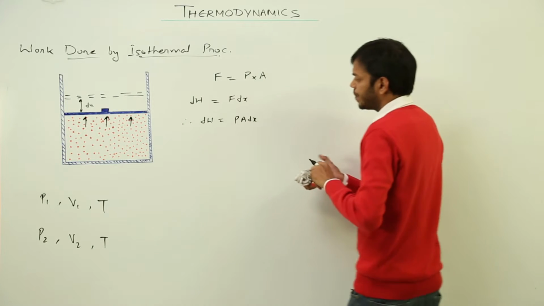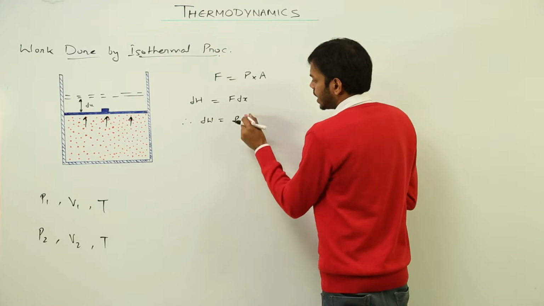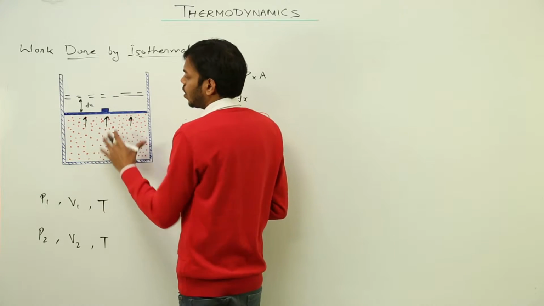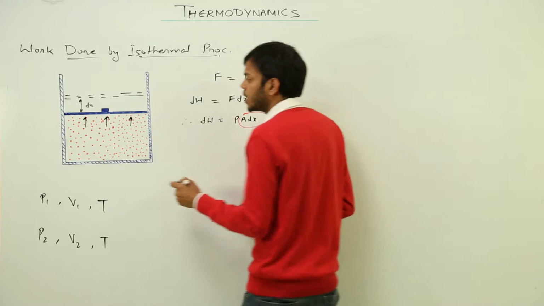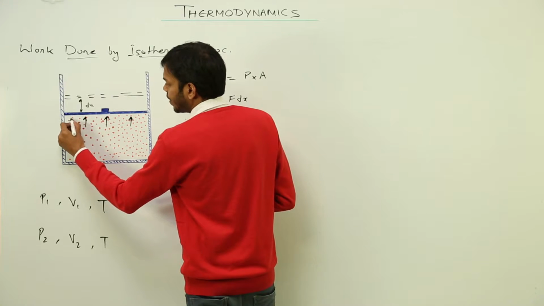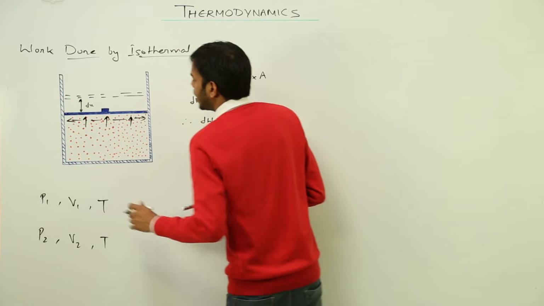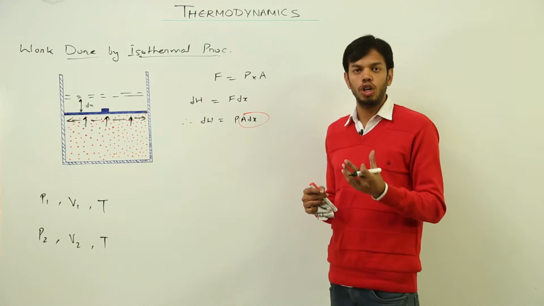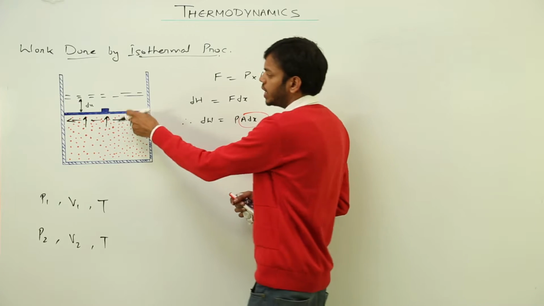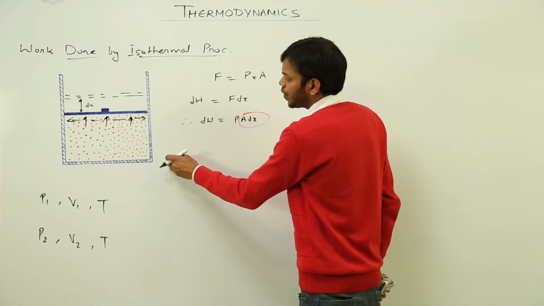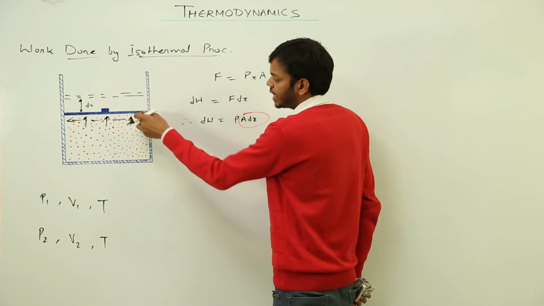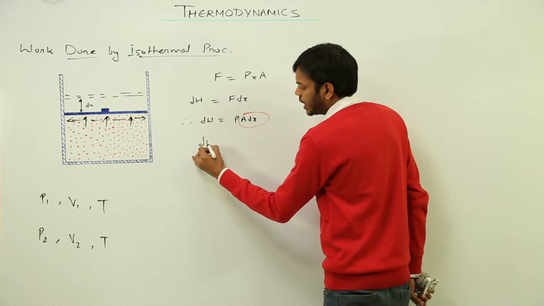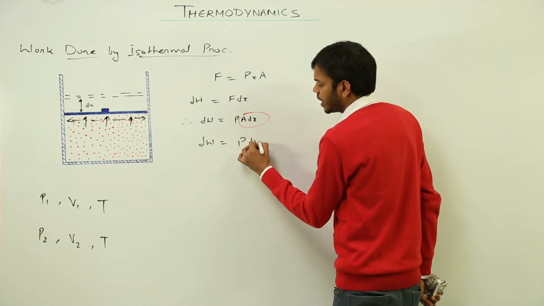Now what is this term A dx? A is the area on which force is applicable on the piston, this complete area. So A dx is area into length. Basically it is the change in volume from this to this. Total volume was V2, initial volume is V1, the change in volume is dV. So A dx becomes dV and dW becomes P dV, right?